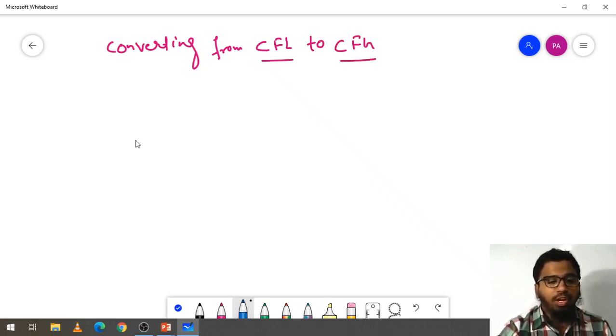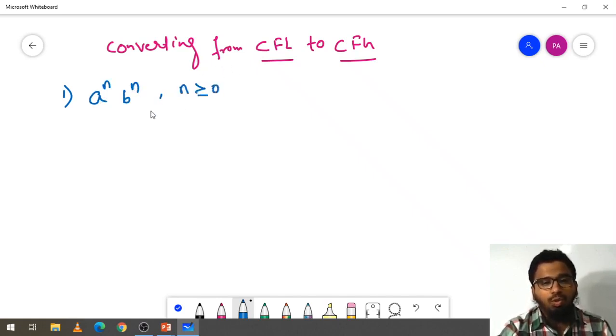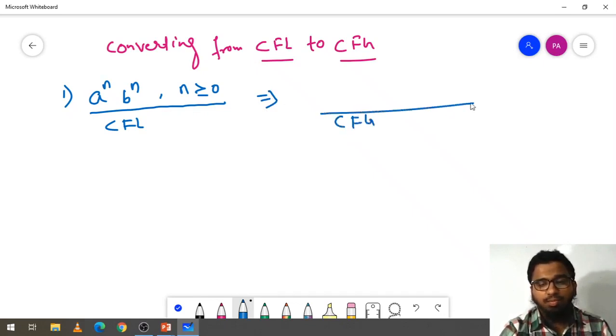Okay, so here first I will take one example, like a power n, b power n, n greater than or equal to 0. So this is called language, this is called CFL. Okay, you need to convert this into CFG. Okay, and how to convert this?